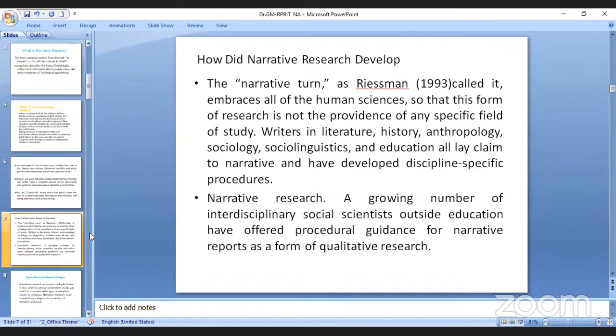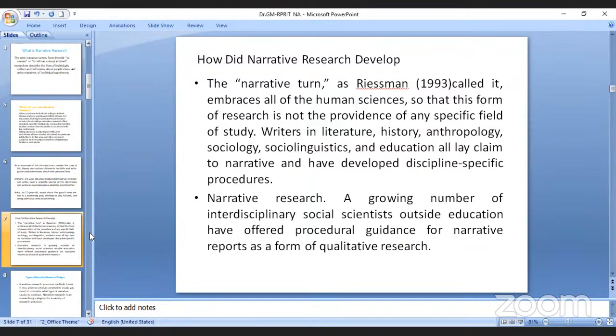Writers in literature, historians, anthropologists, sociologists, sociolinguists, and education. So these different disciplinary experts contributed to the development of narrative research. So narrative research has a growing number of interdisciplinary social scientists. What is interdisciplinary?